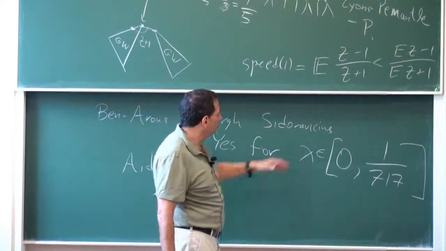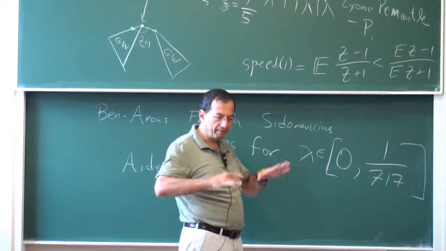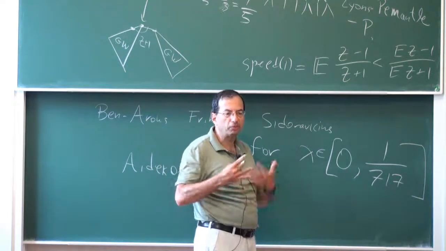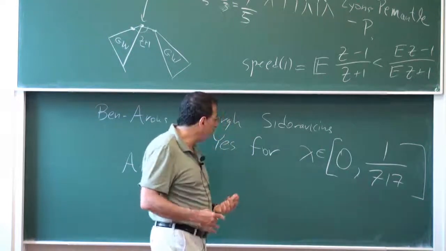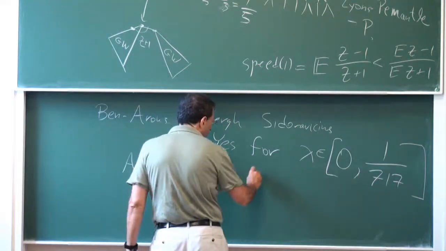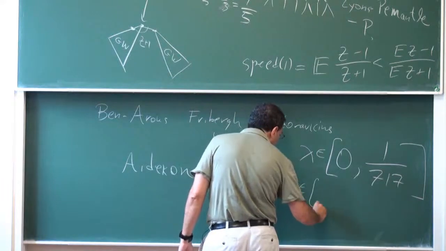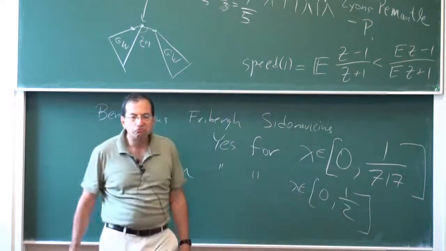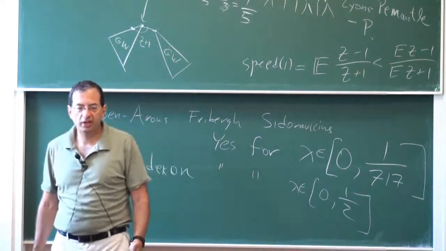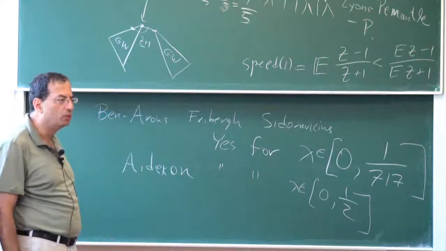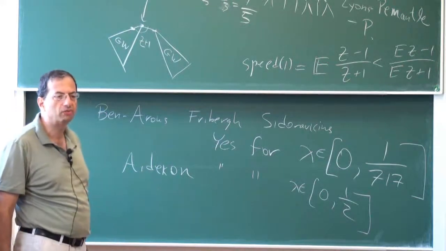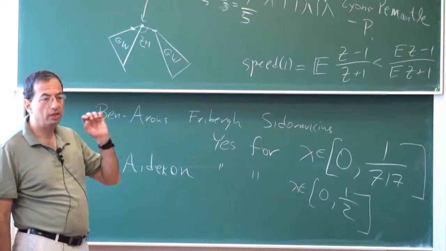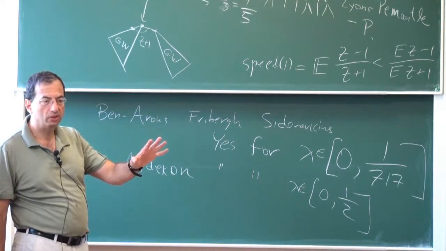And for other lambda, there is no formula like this, but Aidékon does have a more complicated formula that involves itself some properties of the random walk. And this formula still enabled him to show yes for lambda between 0 and 1/2. So now things are getting hotter, closer to the most interesting value for us, 1. Yes? What is Z? Z is the offspring distribution, so the number of children of a node.